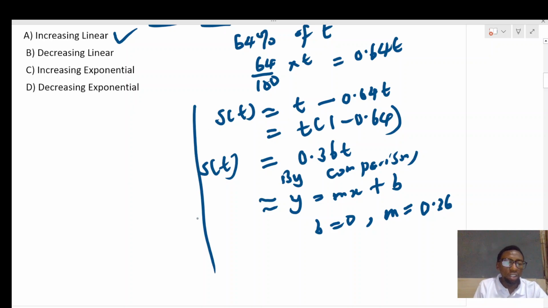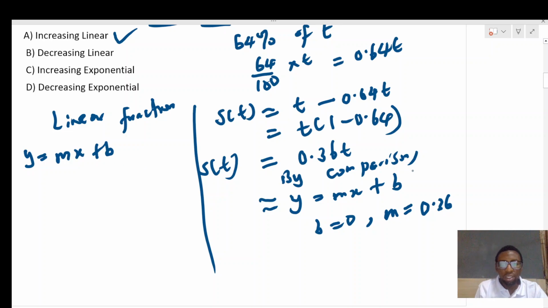Now, for a linear function, we have y equals mx plus b. This b is called the y-intercept. That's the point where your x equals 0, the point where the line cuts the y-axis, something like this.